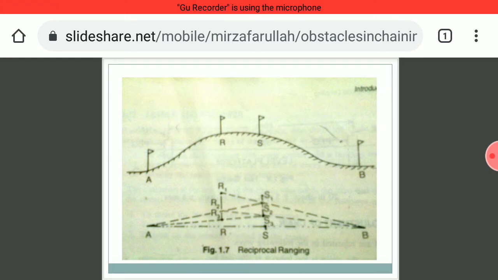Next, the person at R2 will guide the person at S1 to move to a new point S2 such that points R2, S2 and B come in a straight line.